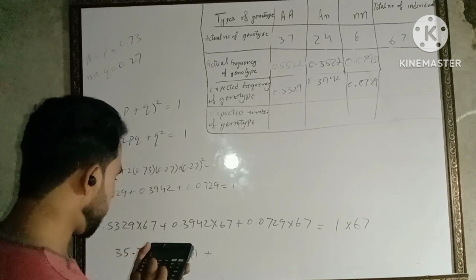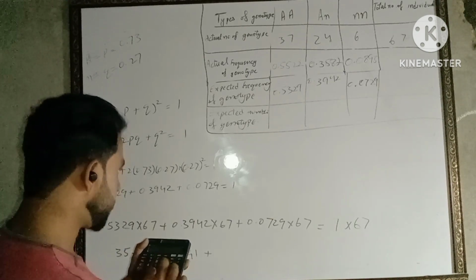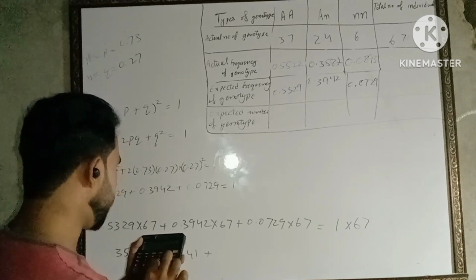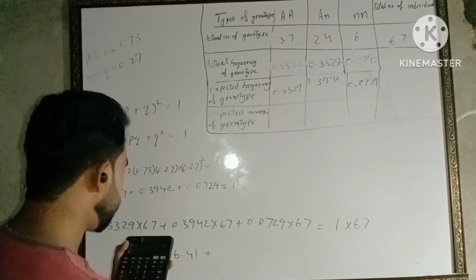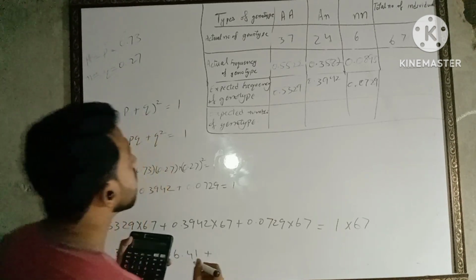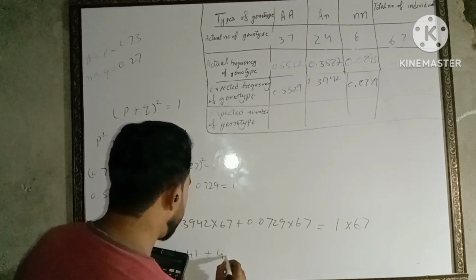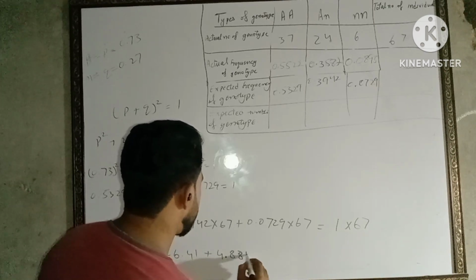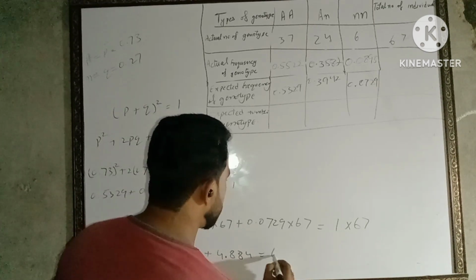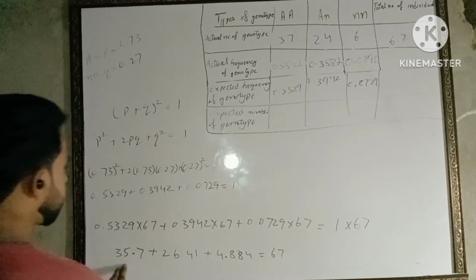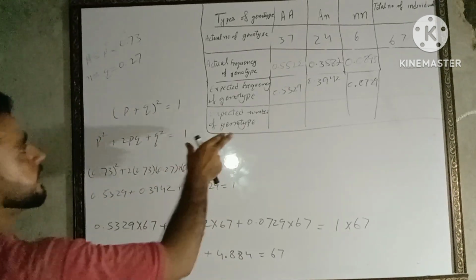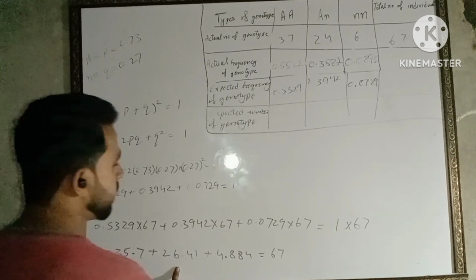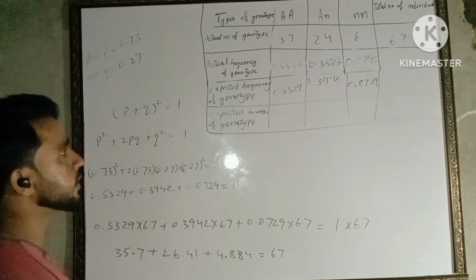Okay, the next, 0.0729 multiplied by 67 will be 4.884, and the sum is equal to 67. Okay, these three numbers are the expected numbers of the genotypes. It is the expected number of the first genotype, the second genotype, and the third genotype.